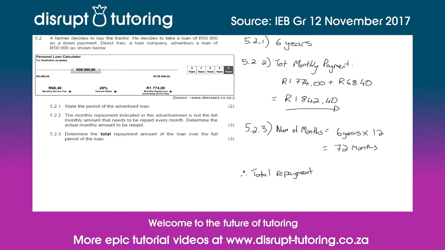So it's going to equal 1,842 Rand and 40 cents multiplied by 72 months, and this is going to equal, so do it in your calculators, a grand total of 132,652.80, and that is the final answer.